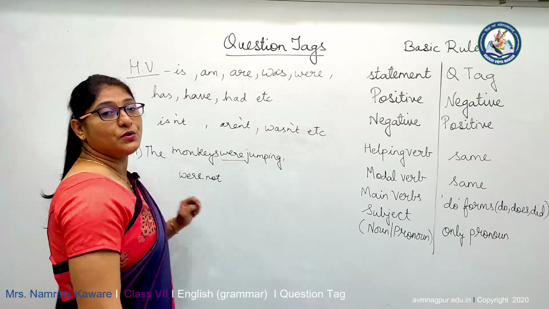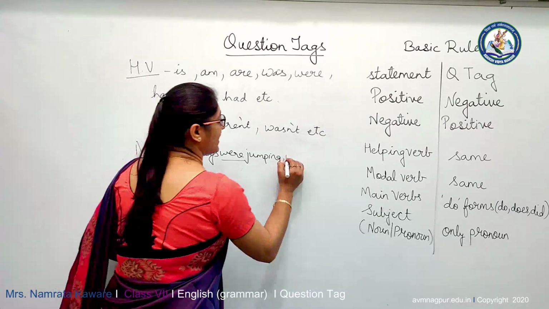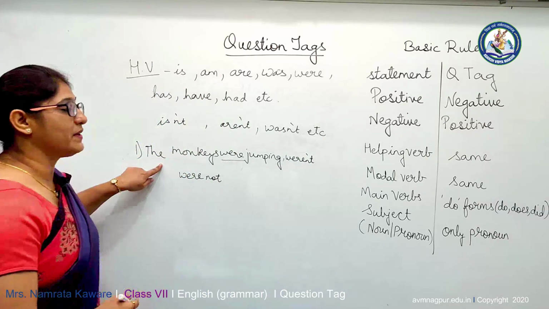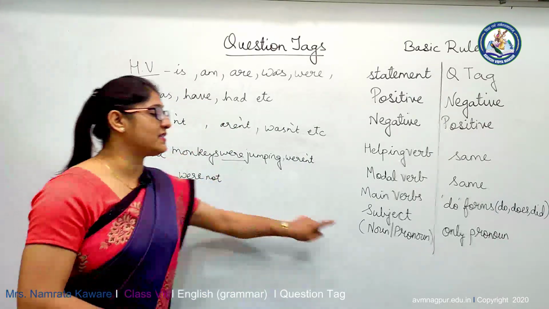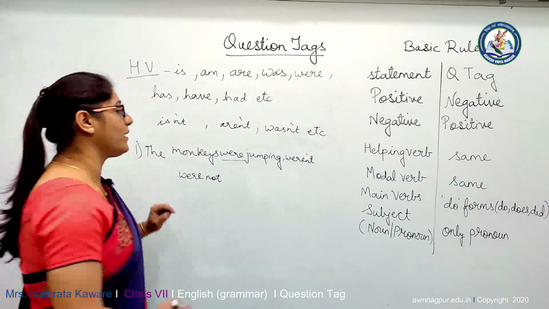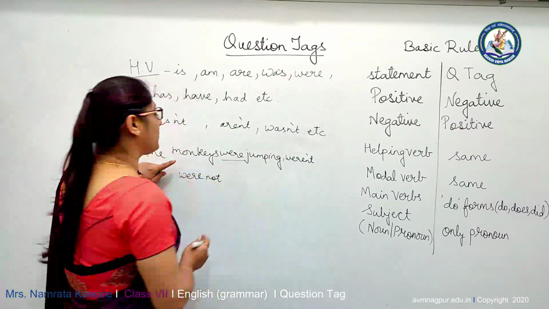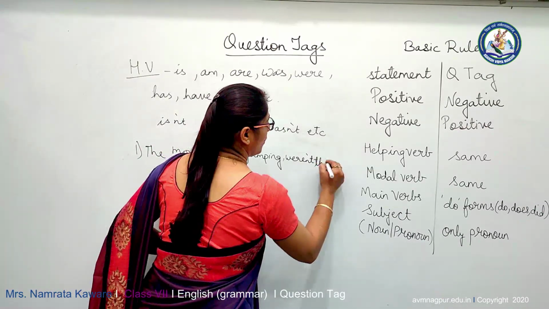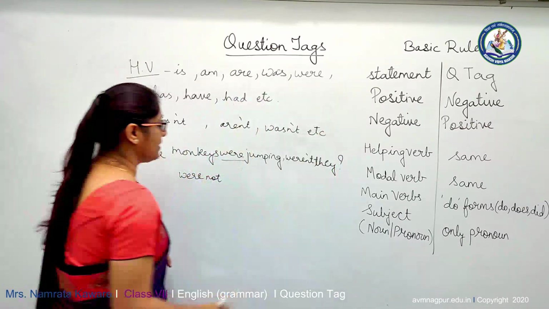But we are supposed to write the contracted form, so we'll write weren't. And here in the subject's place, we have got monkeys. Whether there is noun or pronoun in the subject's place, we are supposed to write the pronoun in the question tag. Pronoun for monkeys is they. Weren't they, and a question mark.